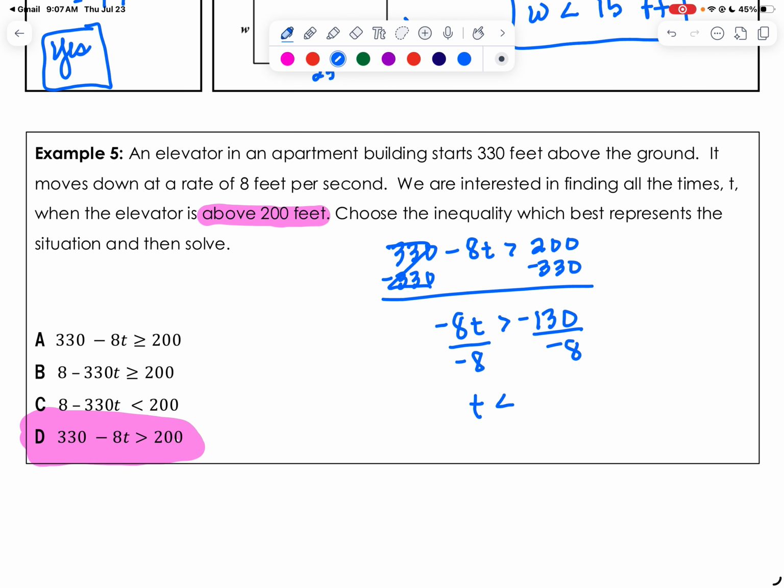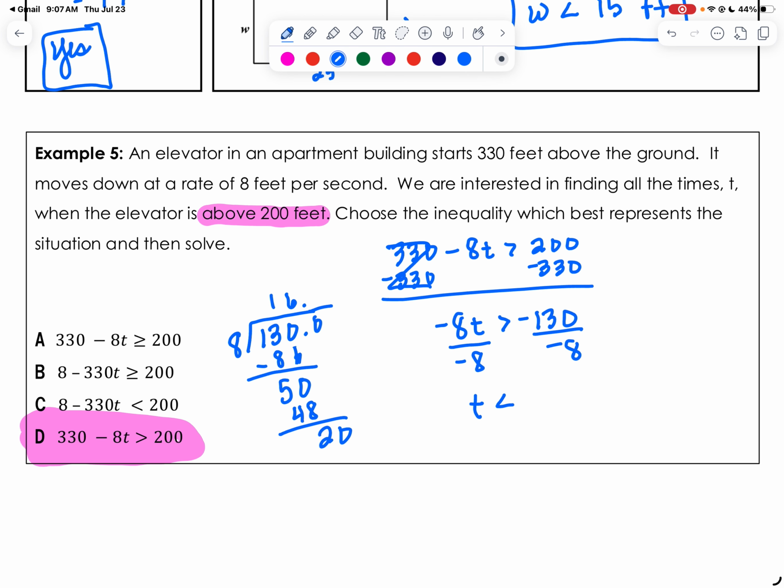Now, negative 130 divided by negative 8. A negative divided by a negative is a positive. So I'm just going to see how many times 8 will go into 130. Let's see, 8 goes into 13 once. 13 minus 8 is 5. Bring down the 0. 8 goes into 50 6 times. 6 times 8 is 48. 50 minus 48 is 2.